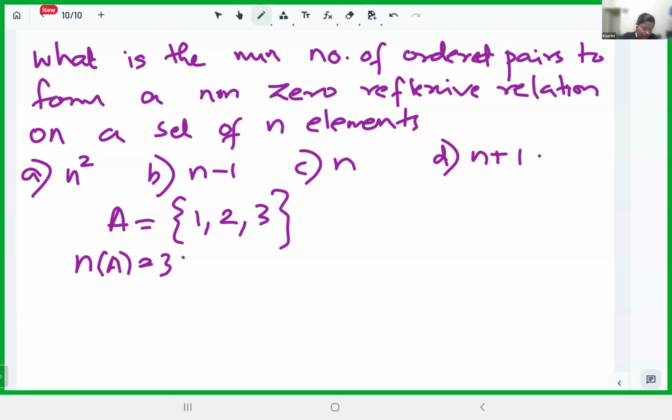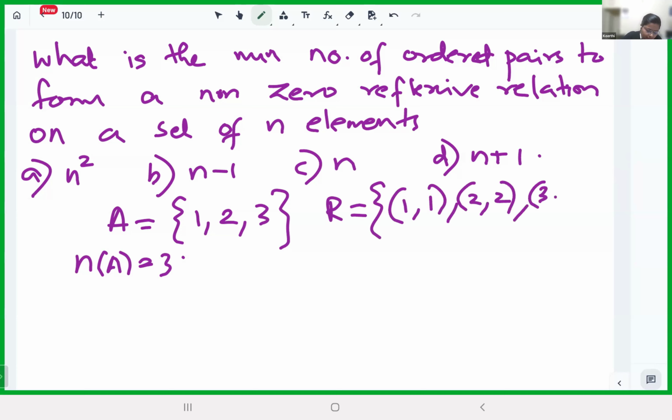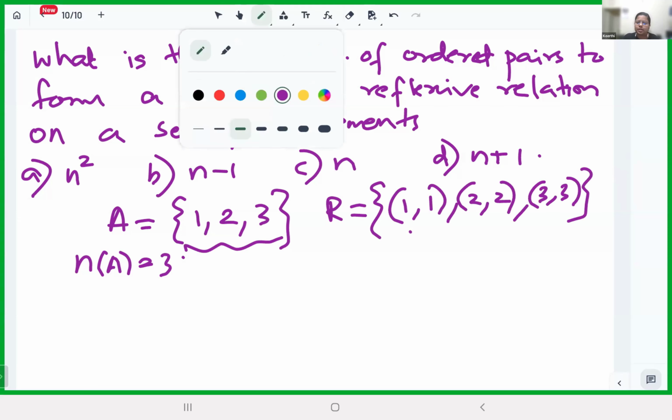In order for a relation to be reflexive on the particular set A, the ordered pairs (1,1), (2,2), and (3,3) should definitely belong to that relation, right? So R should definitely include (1,1), (2,2), and (3,3). Since 1, 2, and 3 are the elements of the set A, these ordered pairs should definitely be members of that relation.